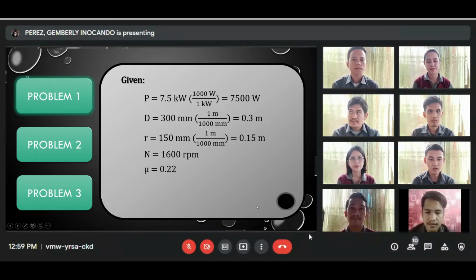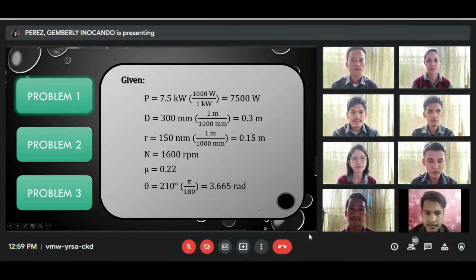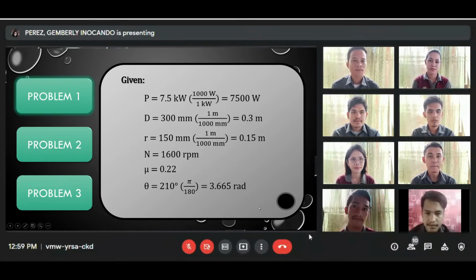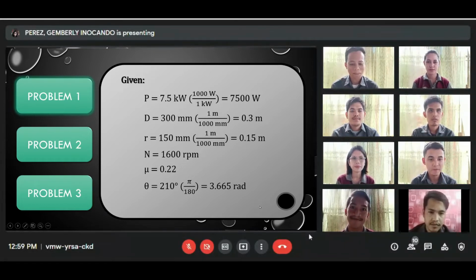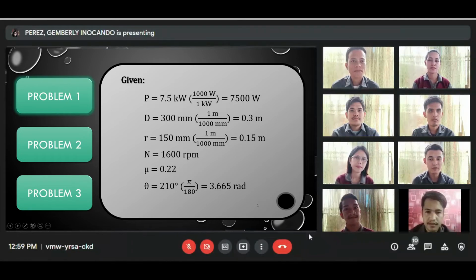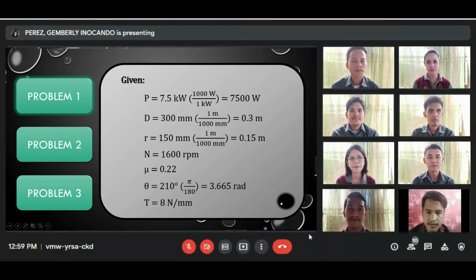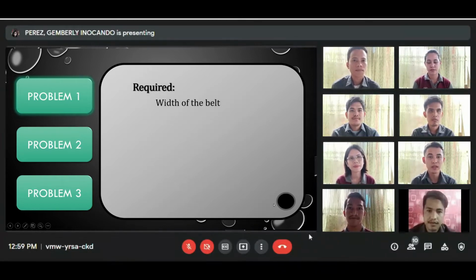And for our angle, we have 210 degrees. To convert degrees into radians, we multiply by pi over 180, so we have 3.665 rad. And also we have our tension, which is 8 Newton per millimeter.